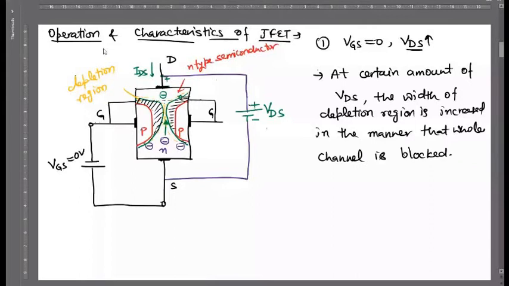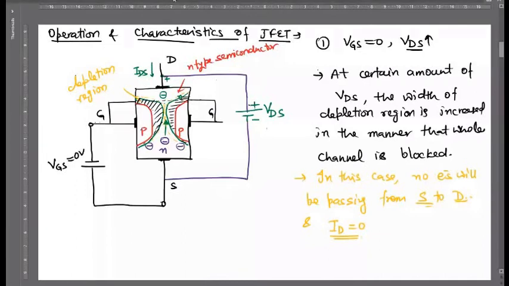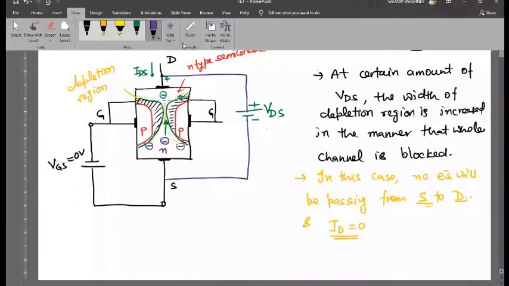In this case, no electrons will be passing from source to drain. Understood? And ID becomes 0. And one more important point: what is the value of that voltage?